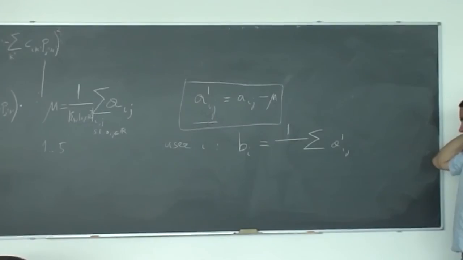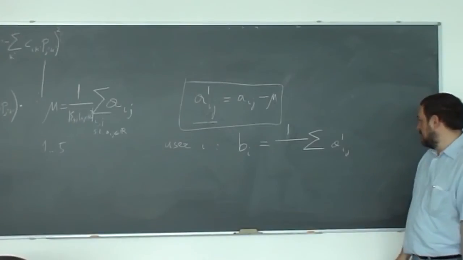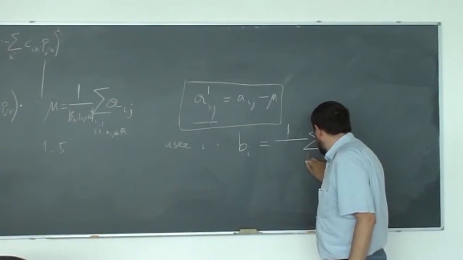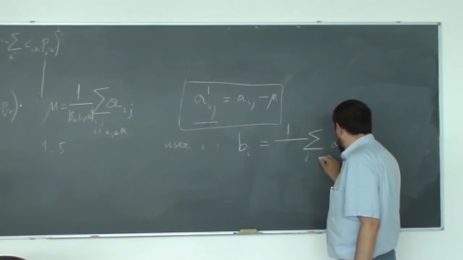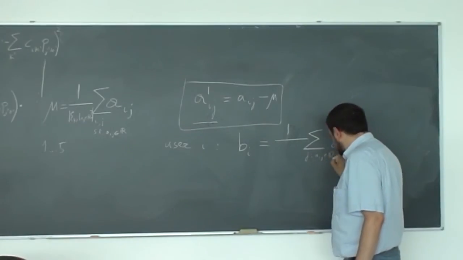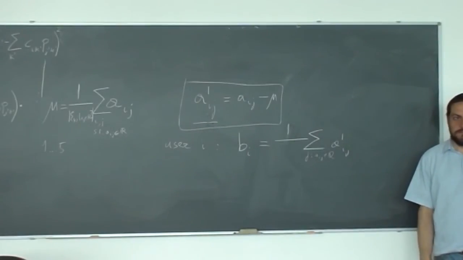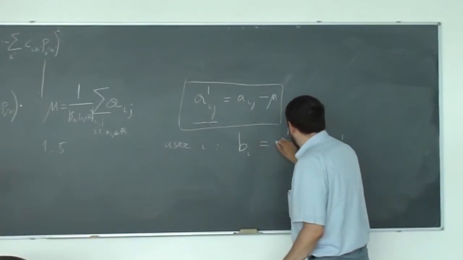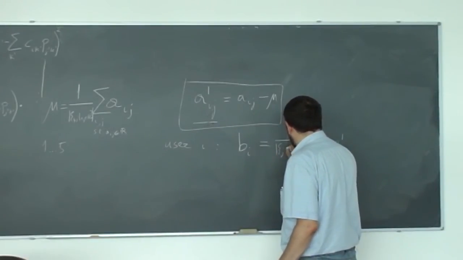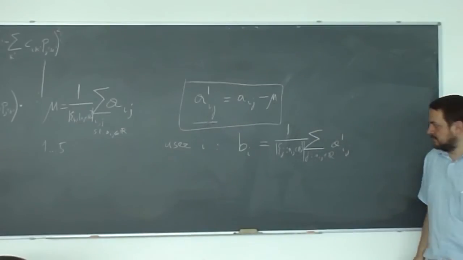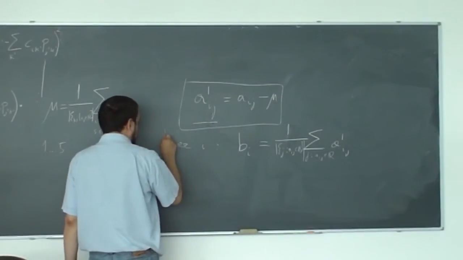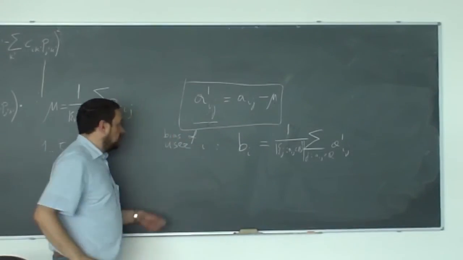Here we are only adding on j, but of course, on all j's such that a_ij is real. And divide, of course, by the number of j's such that a_ij is real. This is called the bias of user i.